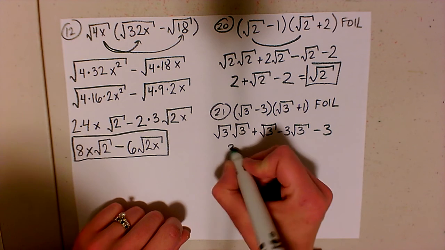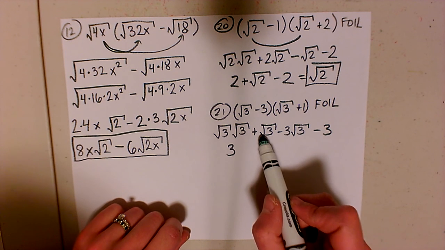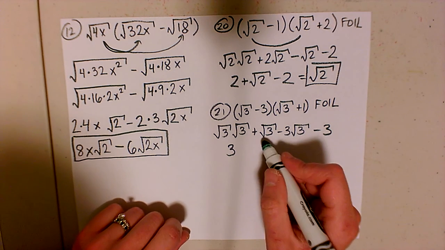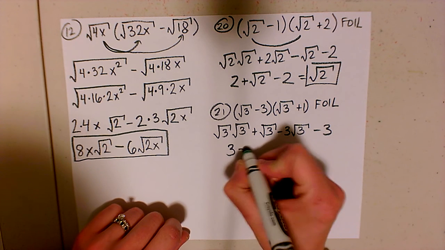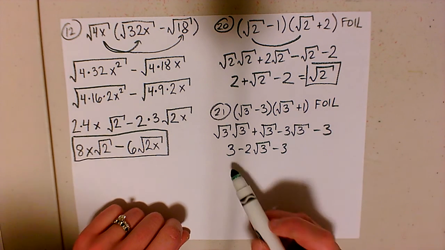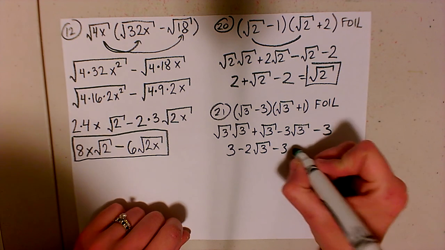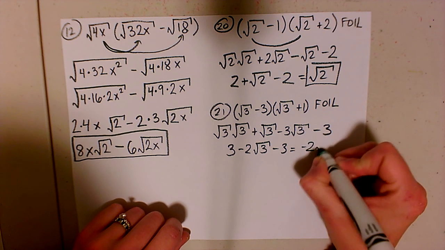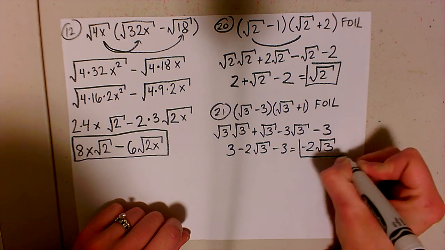So root 3 times root 3 is 3, and then 1 root 3 minus 3 root 3, so 1 minus 3 is going to be a negative 2 root 3, and then minus 3. So again, 3 minus 3, that cancels, and your answer is just negative 2 root 3.